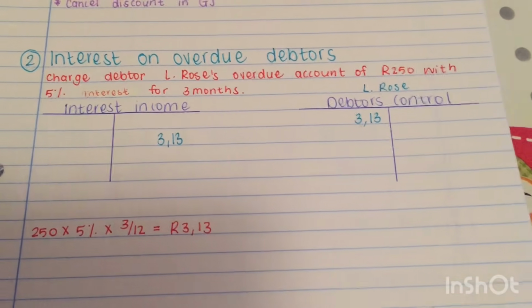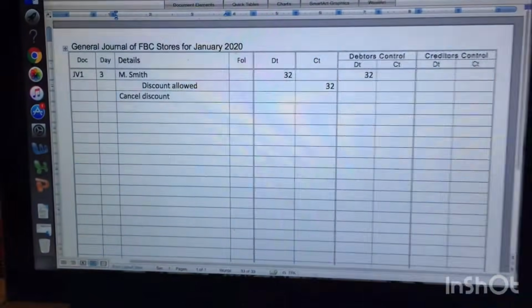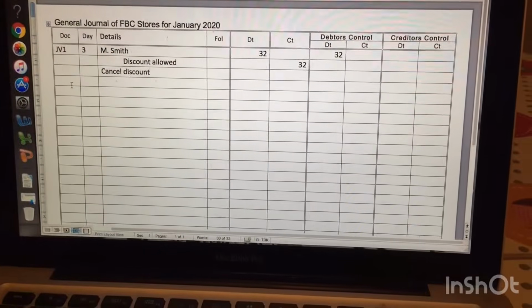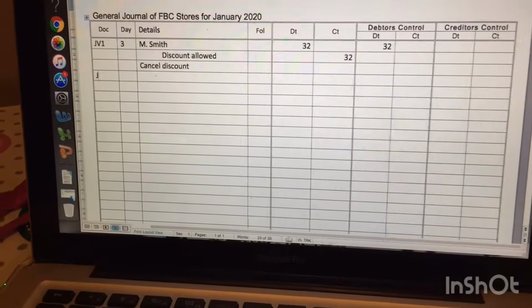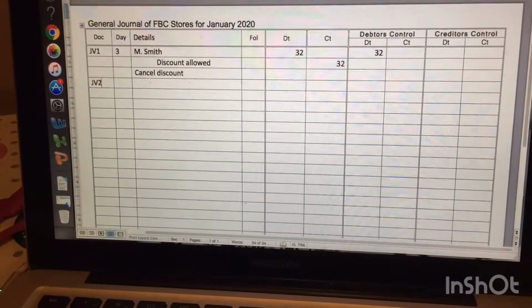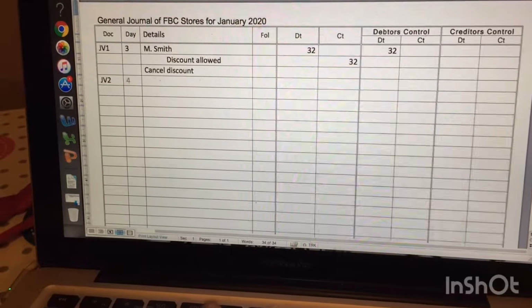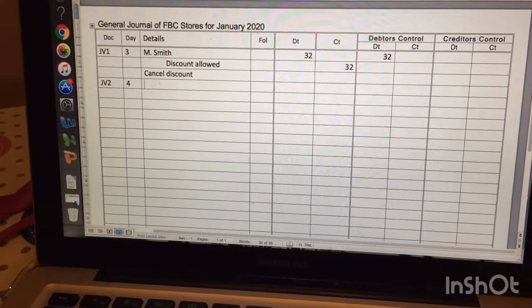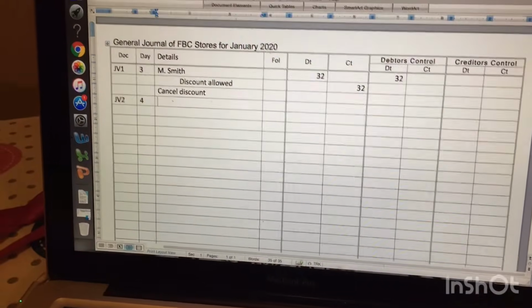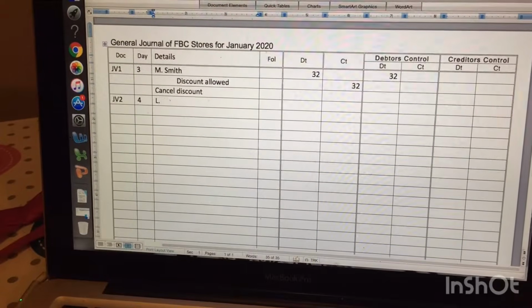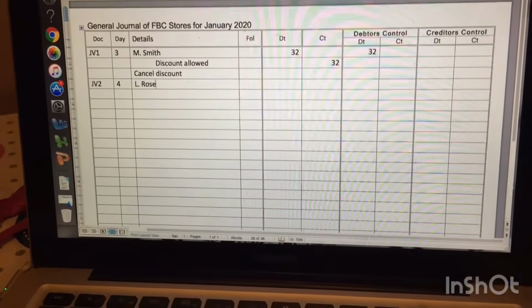And that's it. So now we are going to go to the general journal again. Now I'm busy with journal voucher number 2. Let's say this happened on the 4th. The account that I debited was debtors control, but more specifically L Rose.